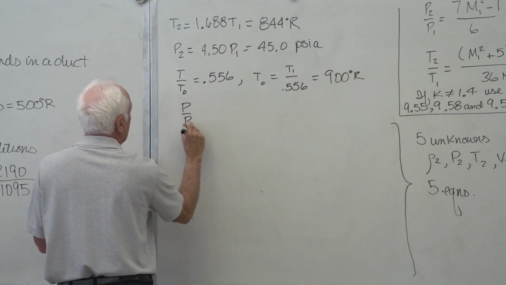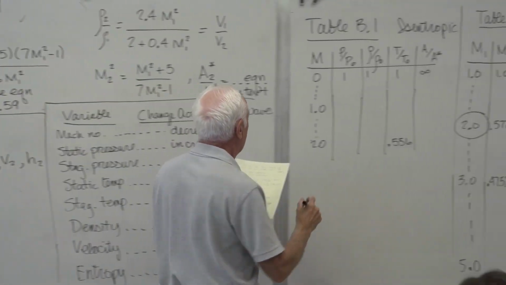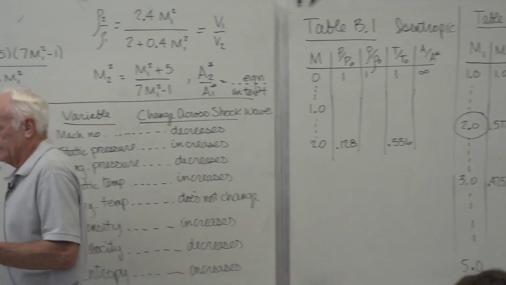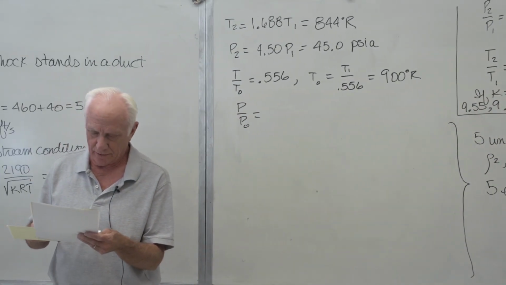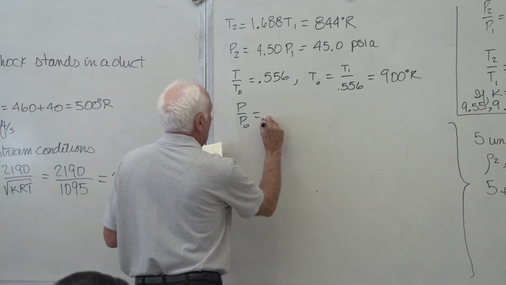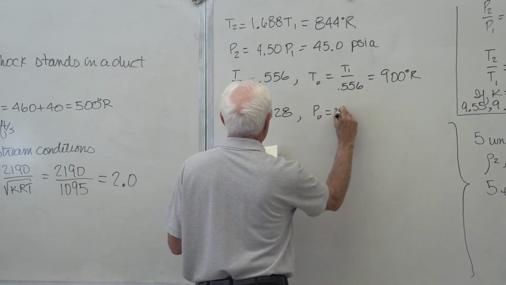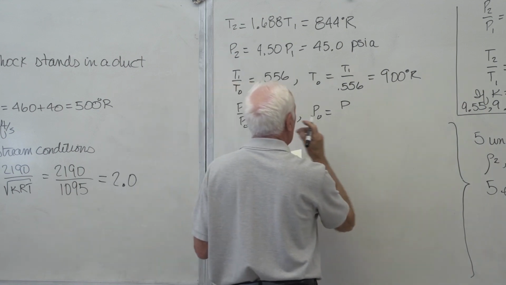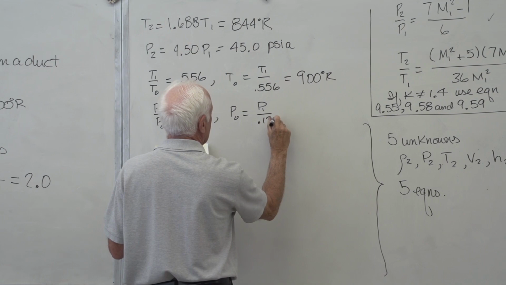P over P naught, 0.128. At 2, there it is. Yep, 0.128. So P naught equals P1 over 0.128.